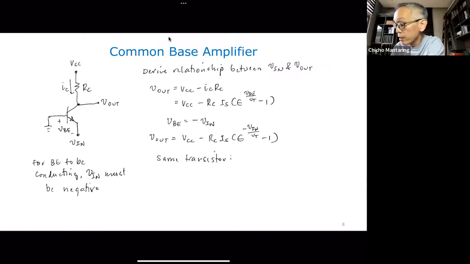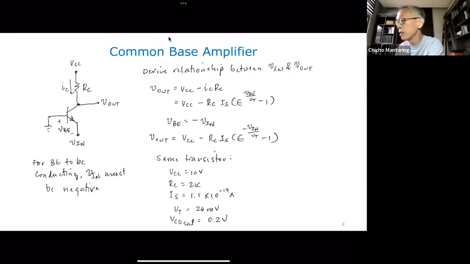So VCC is equal to 10 volts, RC is equal to 2K. This time I won't forget I sub S, 1.5 times 10 to the minus 14 amperes. V sub T is equal to 26 millivolts. VCE SAT is equal to 0.2 volts. Again, I'm going to make you just exercise your fingers on your calculators.